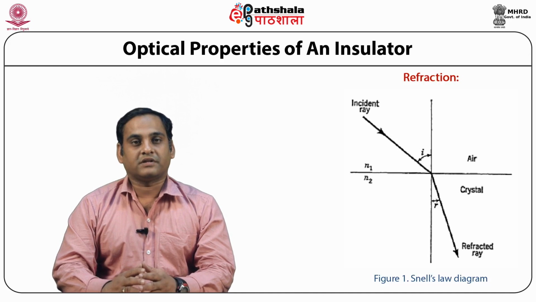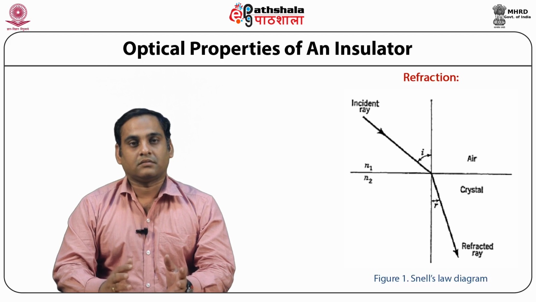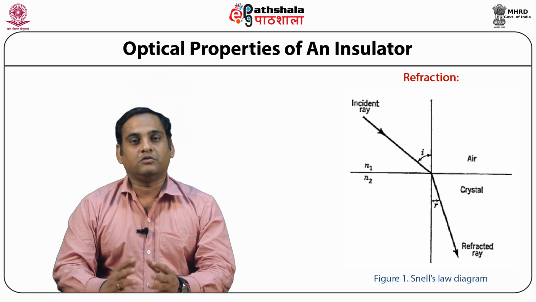The index of refraction of vacuum is set equal to unity, and the other indices are determined accordingly. Since the index of refraction of air is 1.003, air is frequently used as the reference standard instead.